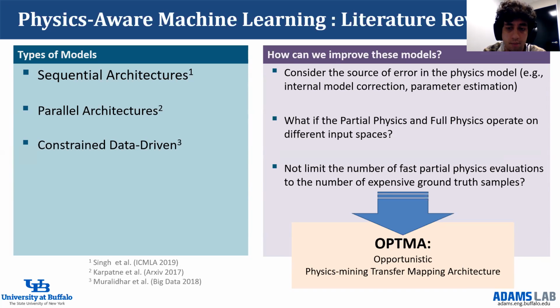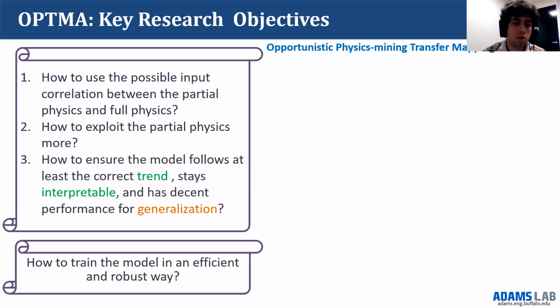So based on these ideas, we came up with this architecture called OPTMA, which stands for Opportunistic Physics-Mining Transfer Mapping Architecture. The main idea is that we were looking at the correlation of the input between partial physics and full physics. I explain what that means in the next slide, but just as information, this is the idea we had about the source of error.